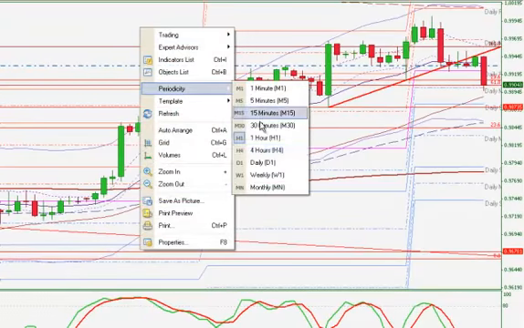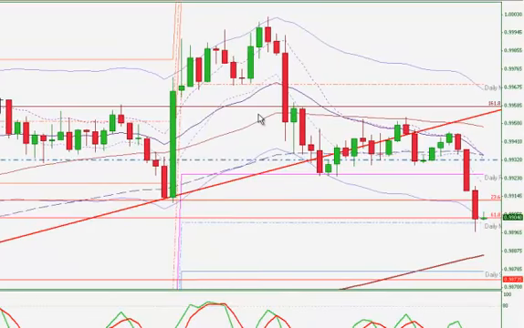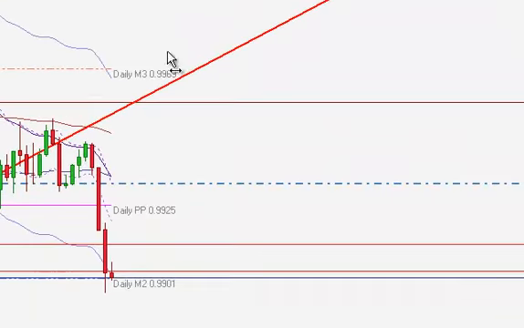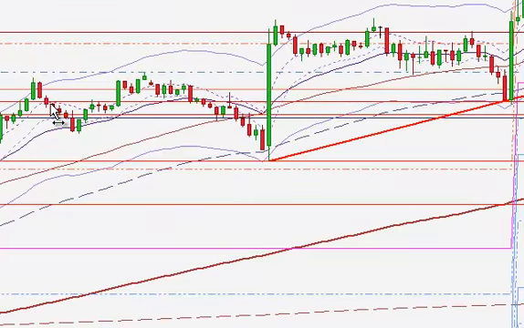Now, I just wanted to show this starting with the 15-minute chart that we drew a nice trend line today in the trading room. Let me just zoom out here so you can see this trend line a little bit better. Okay, you should be able to see that now.